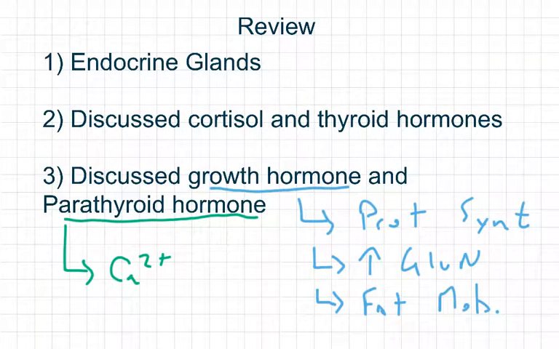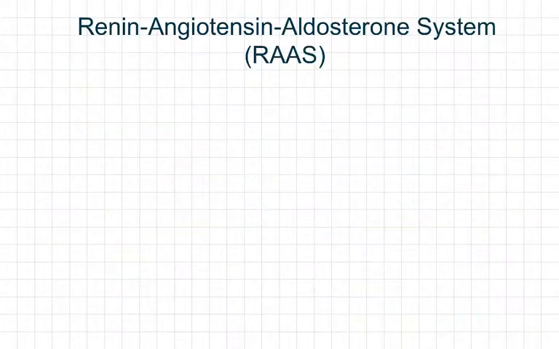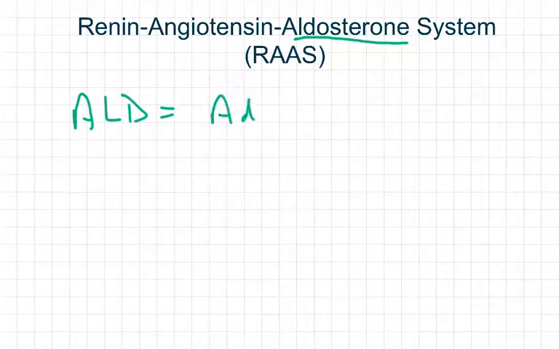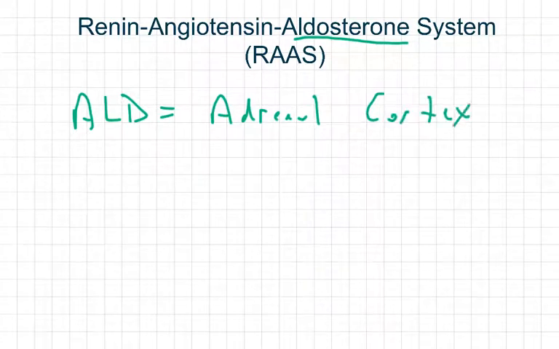So, building upon this review of the hormones that we discussed in the previous lecture, let's move on and discuss in depth the hormone of aldosterone. So, the hormone of aldosterone, or ALD for short, is produced by the adrenal cortex. And it falls under the classification of mineralocorticoids.